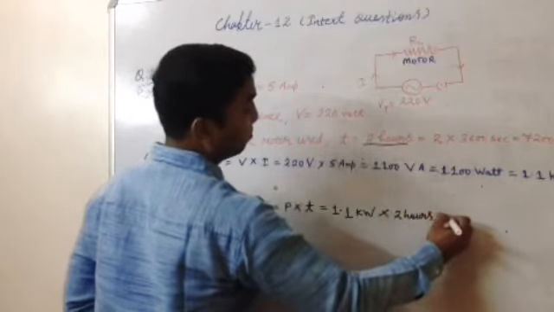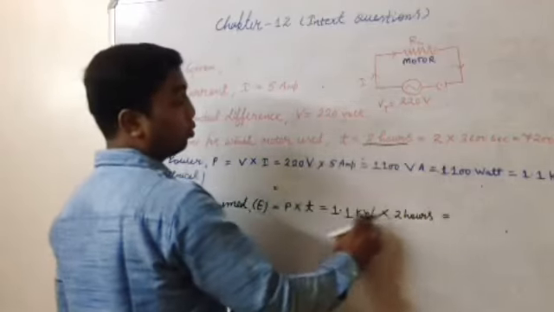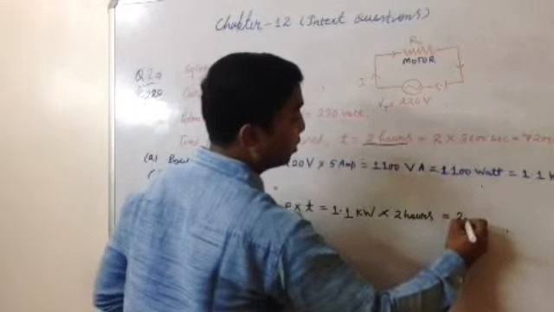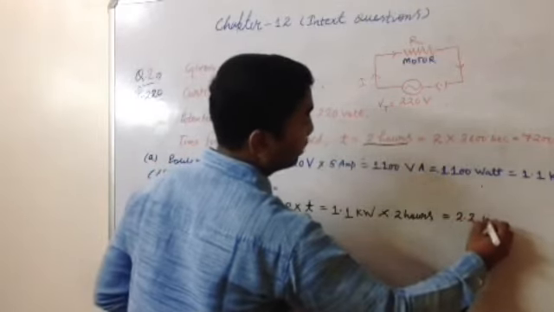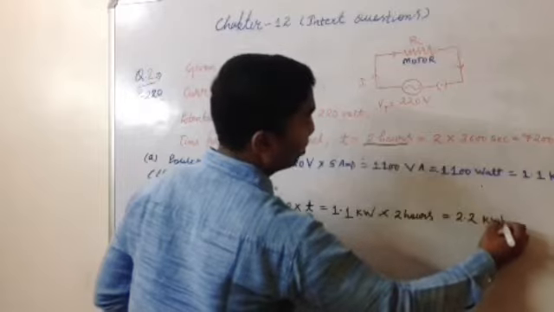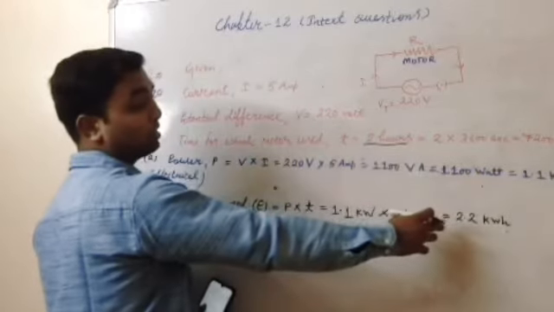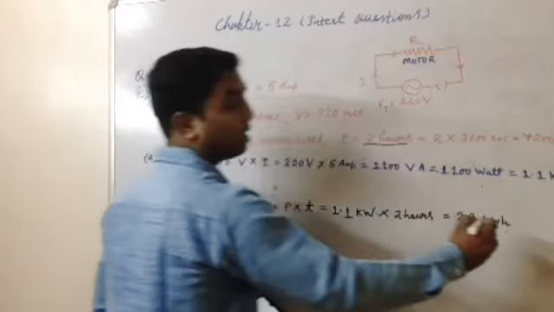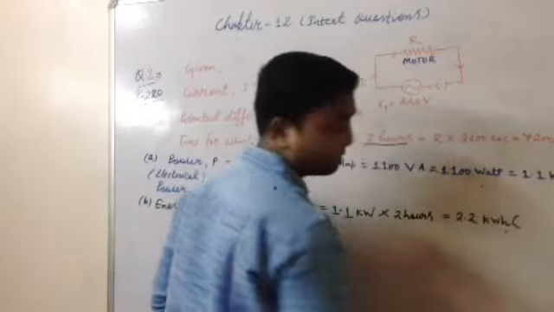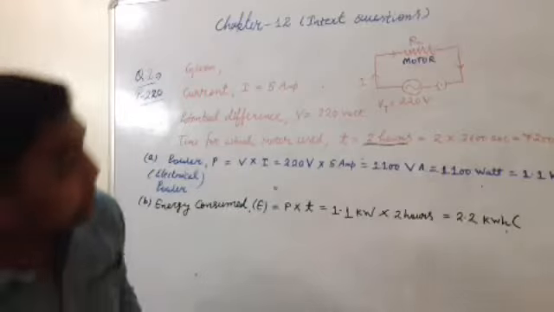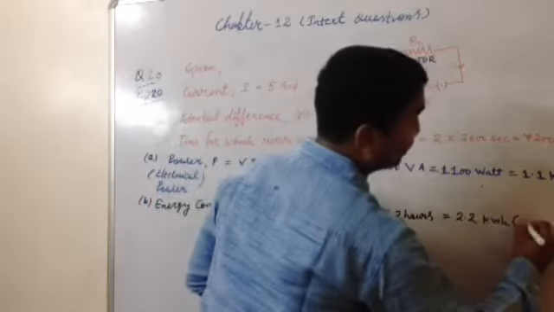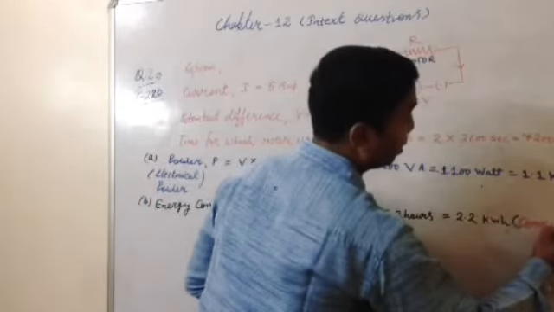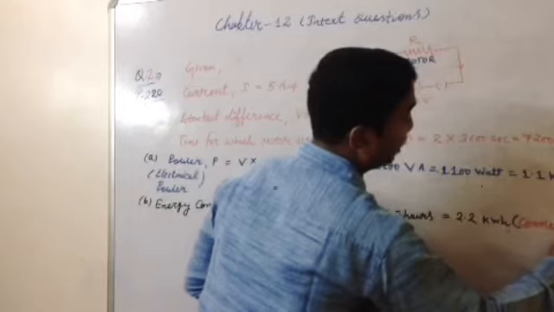So this would become 2.2 kilowatt hour. This is the energy consumption in commercial unit. Remember, 2.2 kilowatt hour, and this answer is in commercial unit.